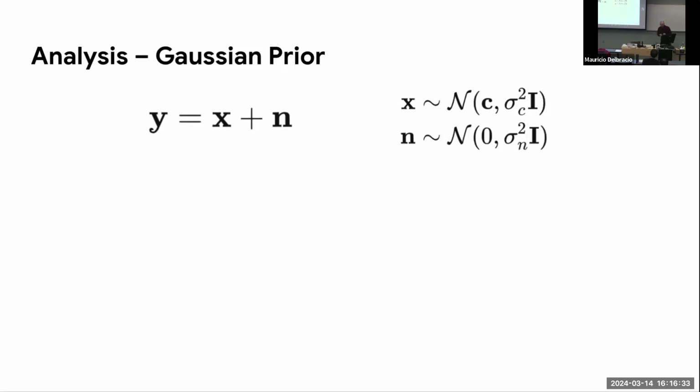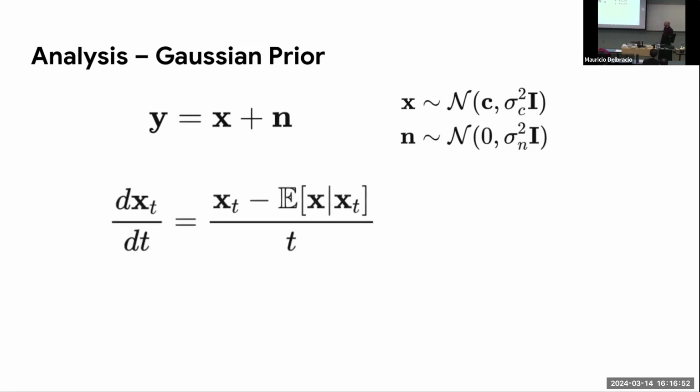Let's say that we have a very simple prior. Let's assume that we want to do denoising and our signal is drawn from this prior, which is just a Gaussian distribution, and the noise is also of known variance.